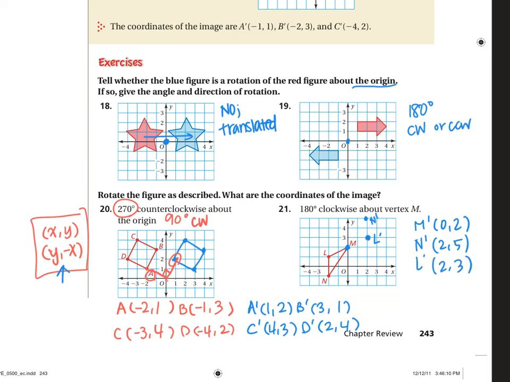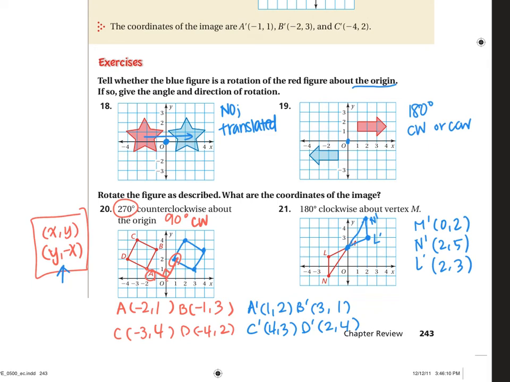And then when you connect all these dots, you can see that your original shape is completely upside down because it's 180 degrees. So hopefully this review makes sense to you. If you want to go over more on the rotation, please let me know so we can set up maybe a review session for those who are still struggling with rotation.